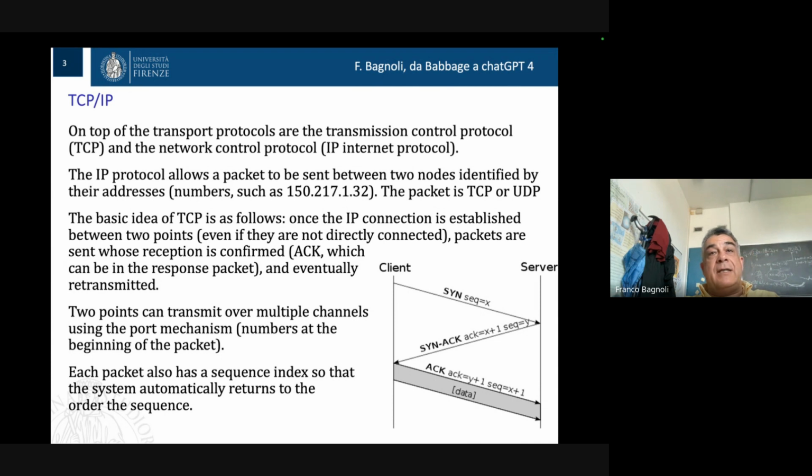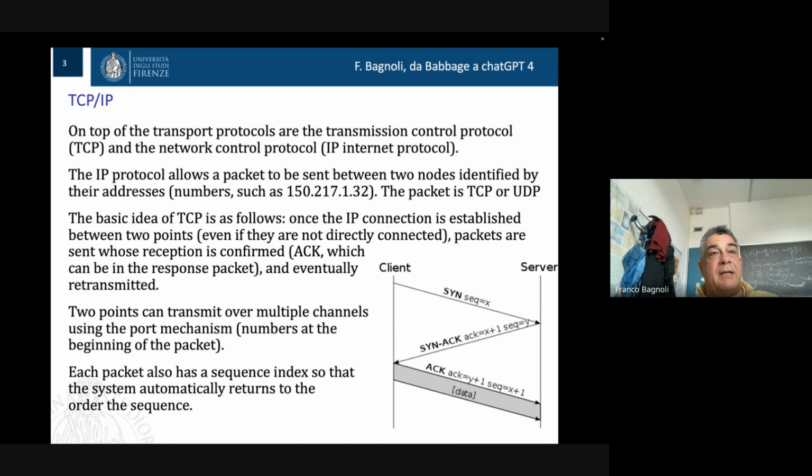So you send a first packet to say, okay, I want to establish a connection. The server responds sending an acknowledge, and then another signal says, okay, I'm accepting your connection, and then data can be transferred in one direction and also in the other.